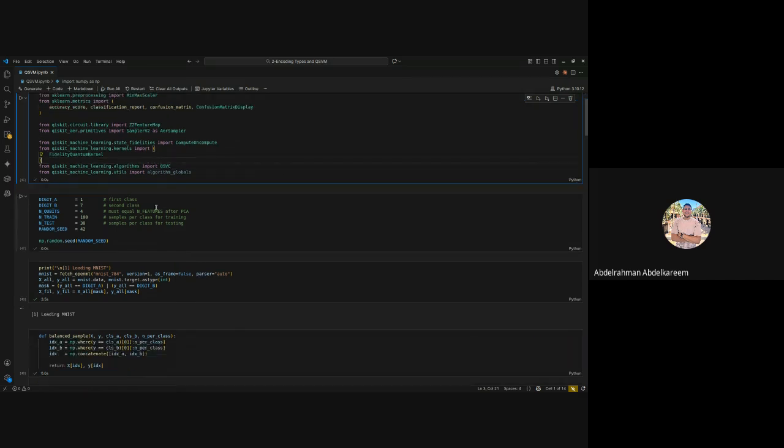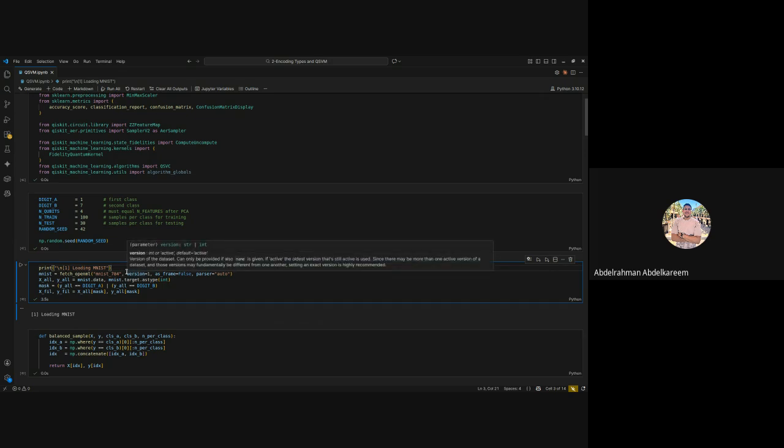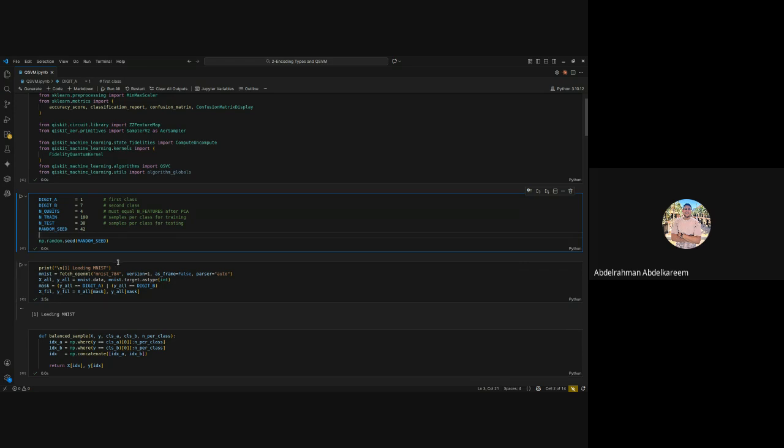Okay, so these are the imports that we need. We will use the MNIST data, which is data of the digits. We'll use the tabular data, where one data point is a big array with 784 elements. So we will not use images for our case. We only do binary classification between two digits, 1 and 7.